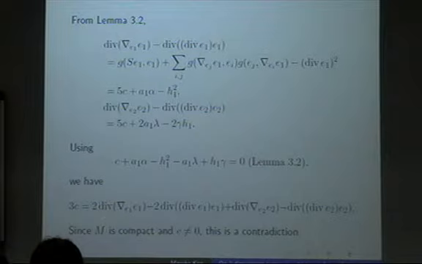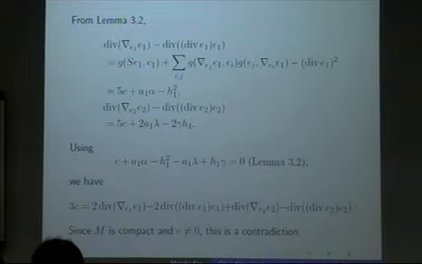Here, 3 times c is a constant. When the ambient manifold is complex projective space, then we suppose c is equal to 1, and if the ambient manifold is complex hyperbolic space, then c is equal to -1. Then the left-hand side is 3 or -3.